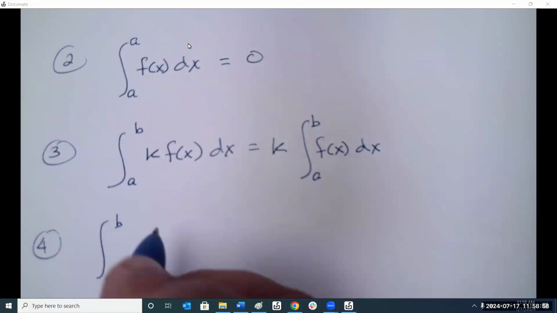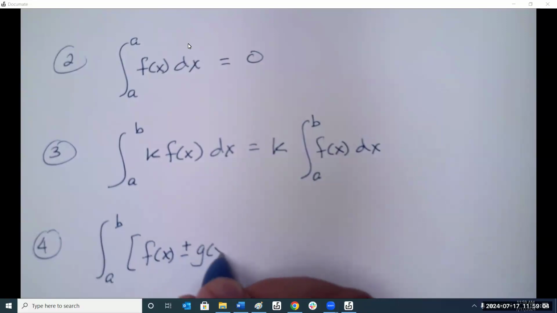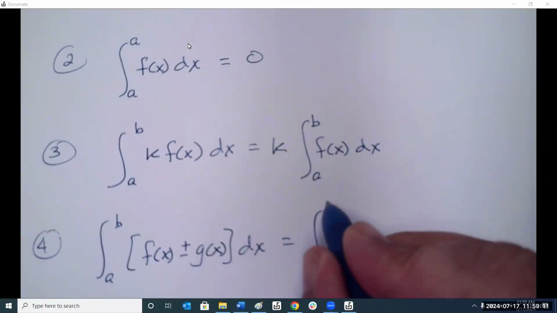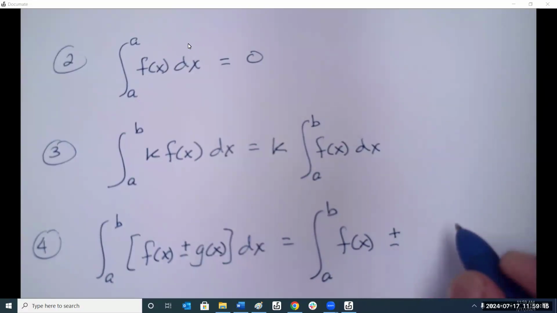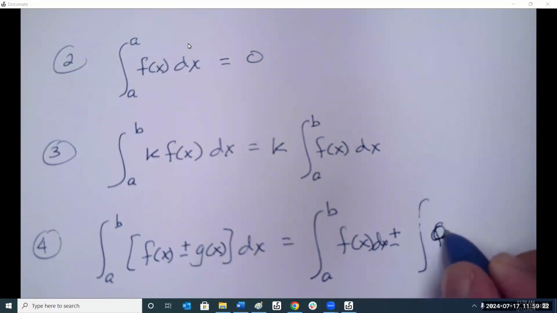If we have two functions, f(x) and g(x), and we add or subtract them, then we can expand it by doing whatever operation we have.